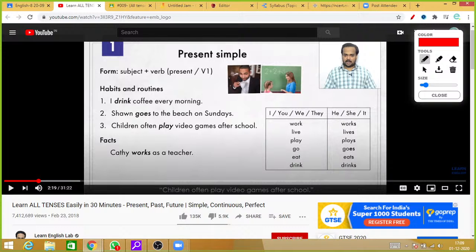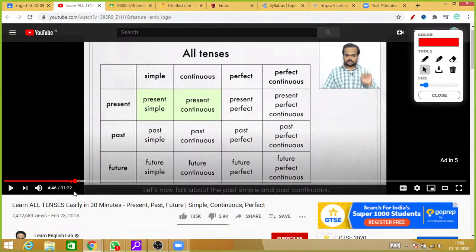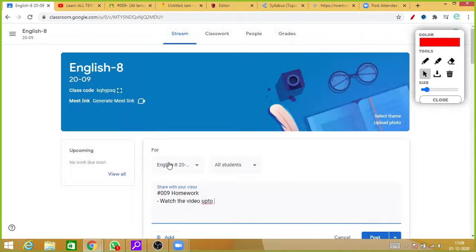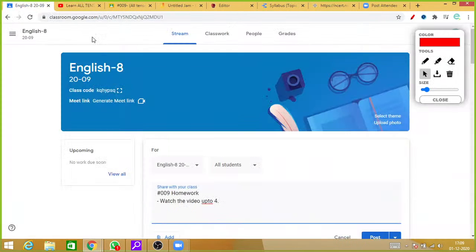Watch the video up to, not this, up to this present continuous, up to 4.46, only till there. Not too much, but you have to write the sentences. 4.26 or 46? 46.